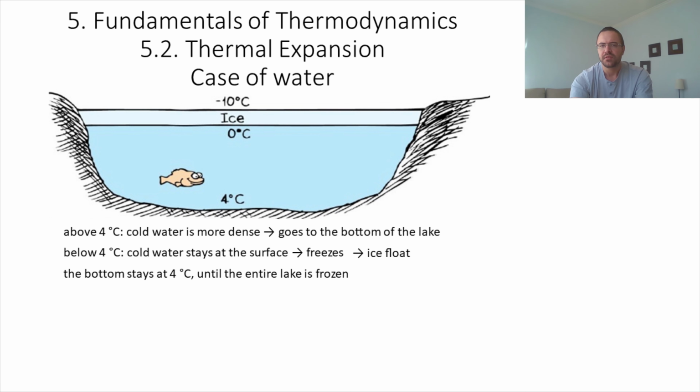And you see that if water was like most materials, then the lake would freeze easily. Right? It would actually freeze from the bottom, and then the fish would eventually be pushed towards the top, and they would die. And so most animals and plants would not be able to survive winter, and life would not develop, and maybe humans would not even exist, and I would not be here telling you all about this.